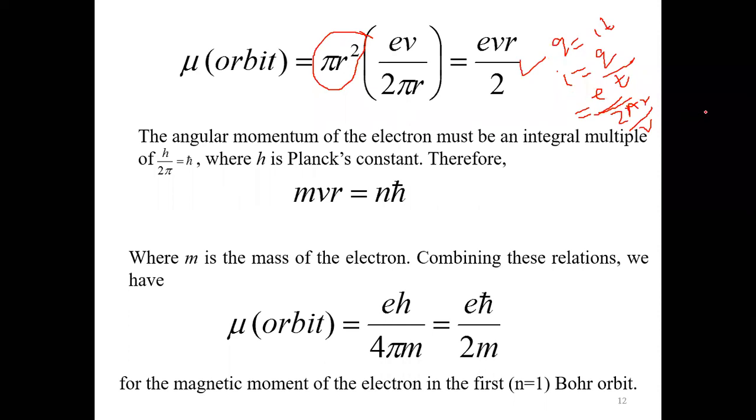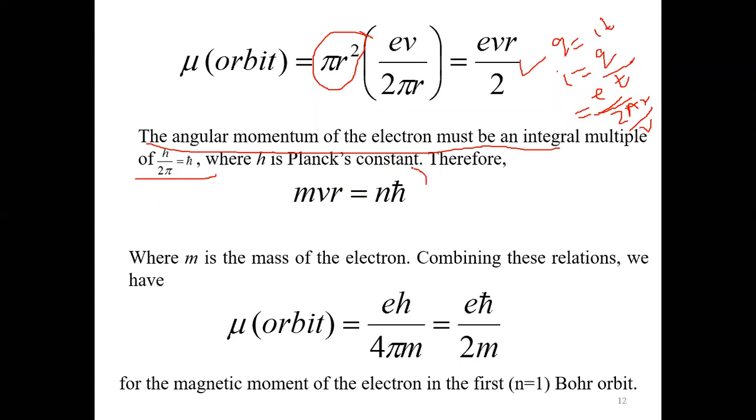When we studied the Bohr atomic model, we saw that the angular momentum of this electron, if you remember, must be an integral multiple of h cut, and h cut is h by twice pi, where h is the Planck's constant. So this is one of the postulates of the Bohr model.